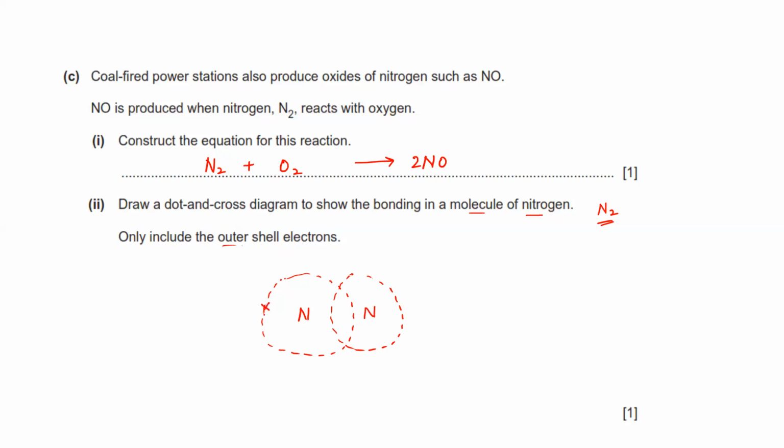So I can use the cross for this, and dot for this. Nitrogen has 5 outer shell electrons. Okay, so 5 here and 5 there, so we have a total of 10 electrons. So we have to balance these 10. So 2 will remain with each, and the remaining 6 will be shared.